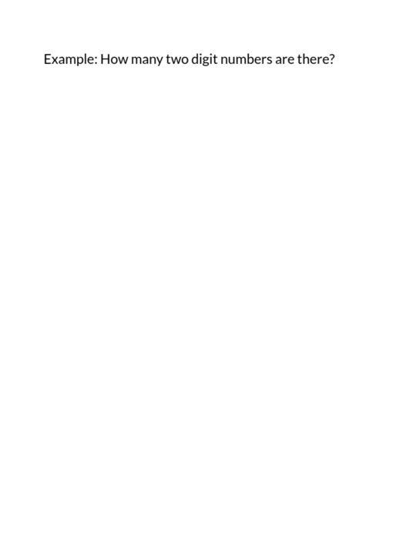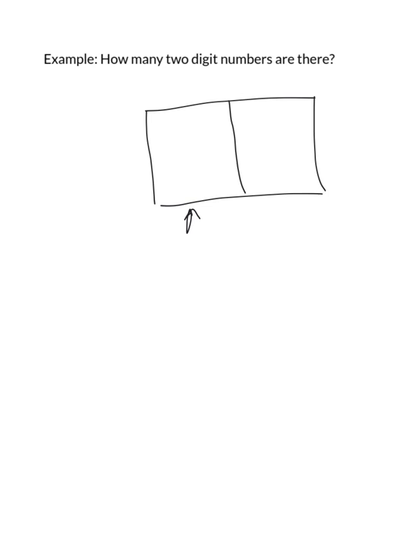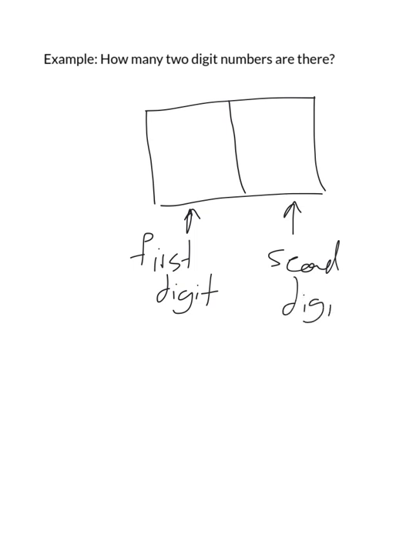Now I will draw the positions of the digits like this, and here is the first position, first digit, and this here is the second digit. Of course, I mean from left to right.